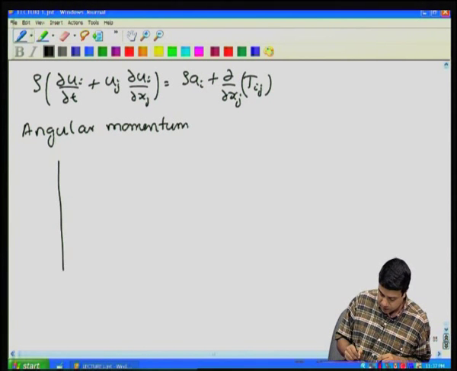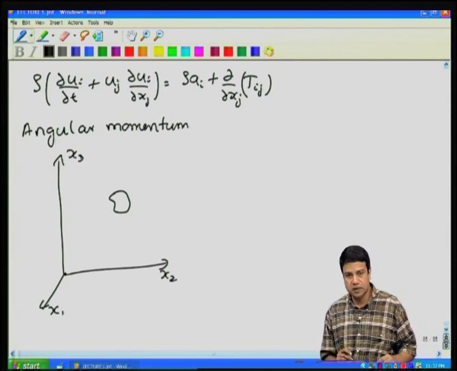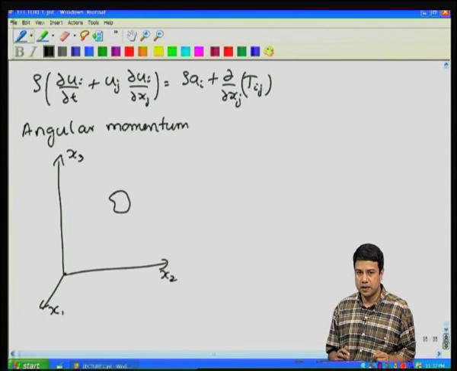If I have some coordinate system, the angular momentum of this entire volume about some fixed reference frame around some fixed coordinate has to be conserved. Without loss of generality, I can take this coordinate as the origin of my coordinate system.